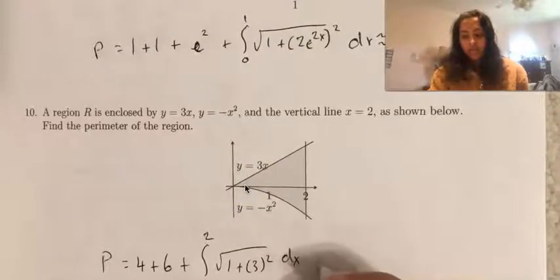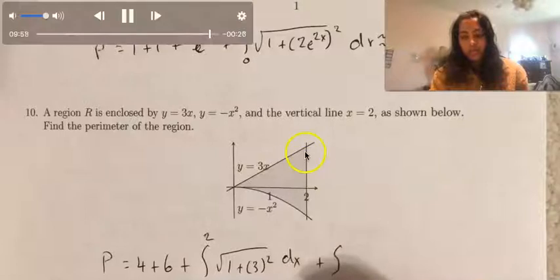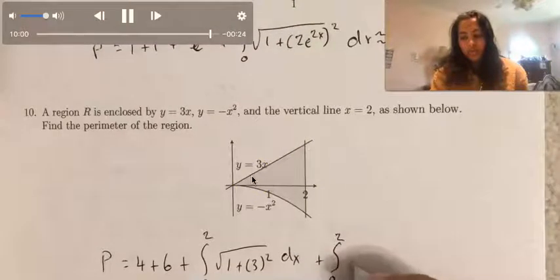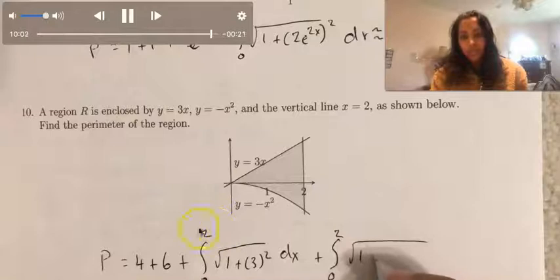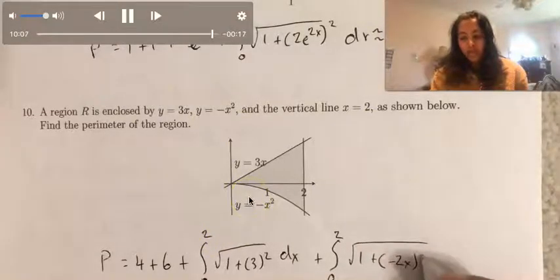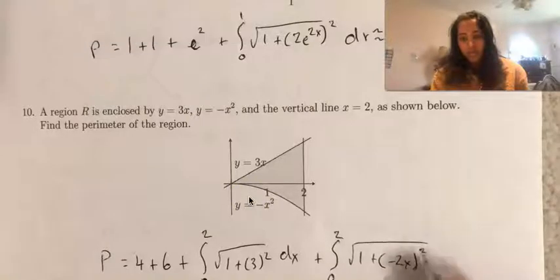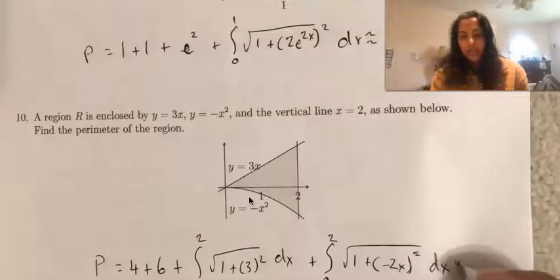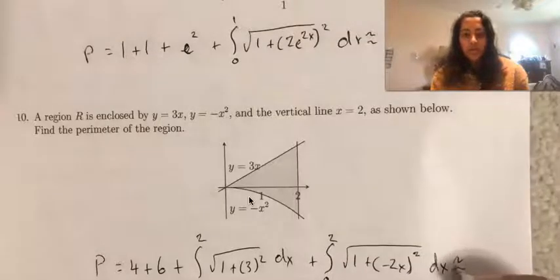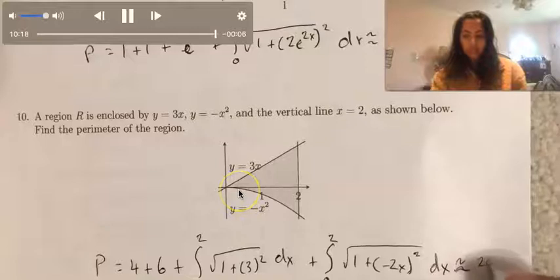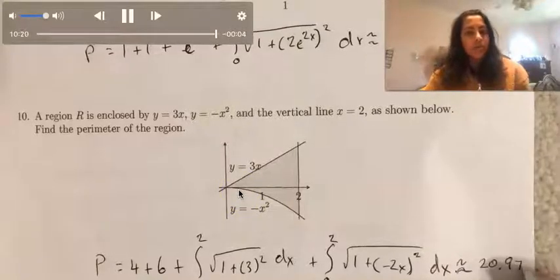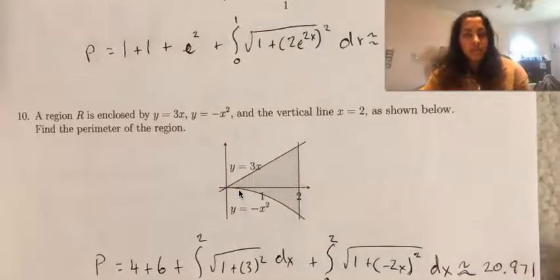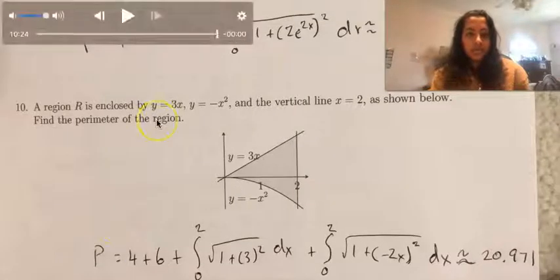So you plug in 2 for both functions because you have 2 functions, and you get 6 for the top and you get -4 for the bottom, but you can't really add those together because you're trying to find the perimeter, so that's why it becomes positive. And then you use the arc length formula and you get around 20.971. So that's arc length.